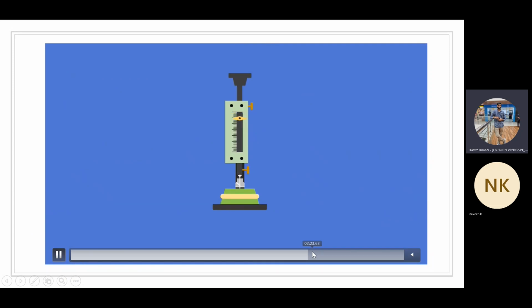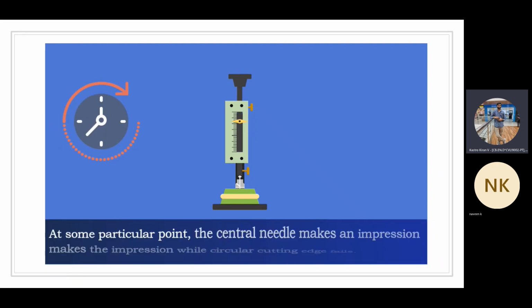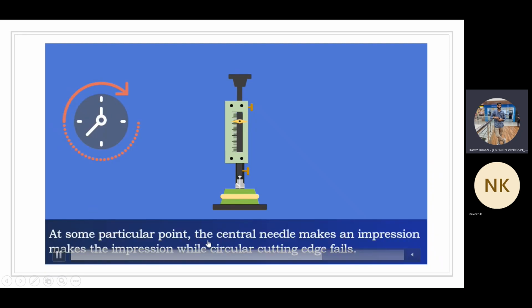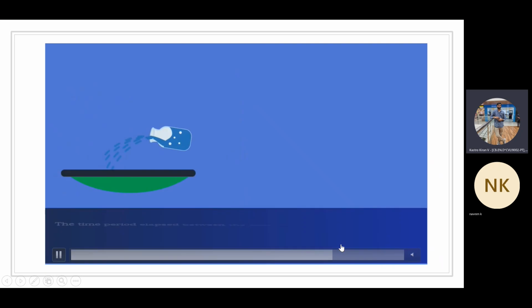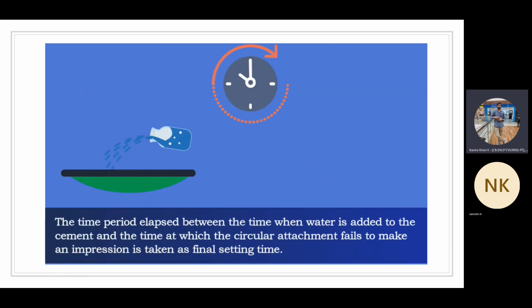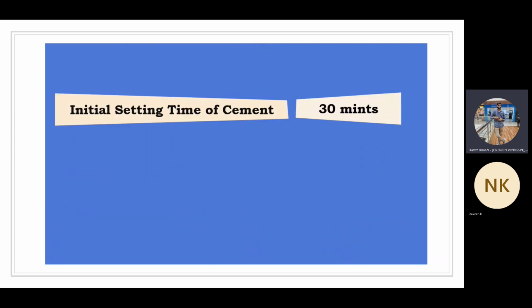And then you will get the reading. Here you are going to note the reading in such a way that at some particular point, the central needle makes an impression while the circular cutting edge fails. That means it will not go anywhere inside. First it will go to a certain depth, but after that it will not go any deeper. That point, that reading, you have to note.